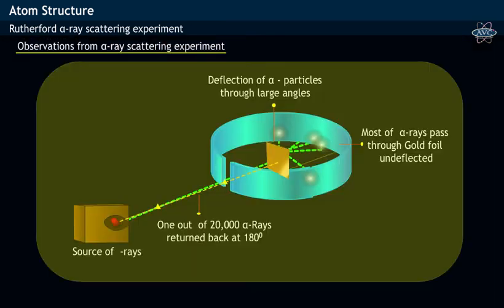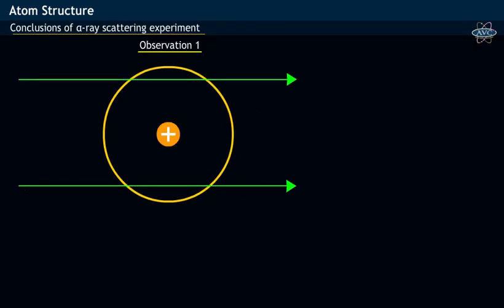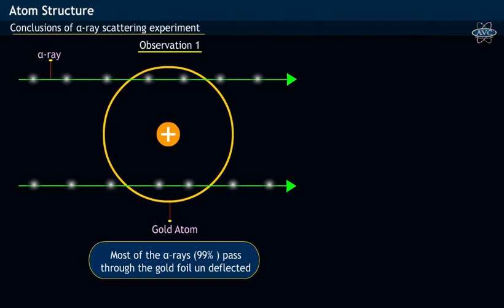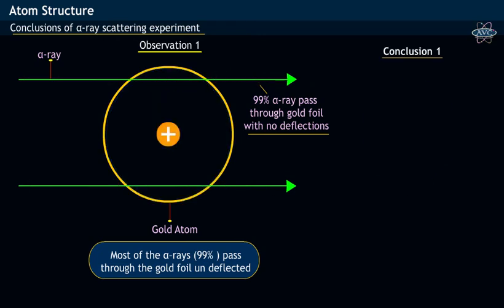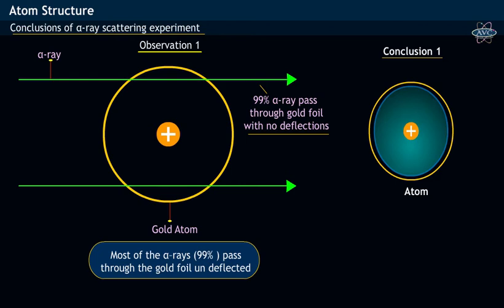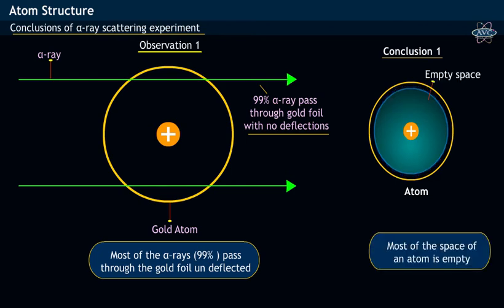From the observations noted from the alpha ray scattering experiment, Rutherford drew the following conclusions. From the first observation that 99% of alpha rays pass through the gold foil undeflected, Rutherford concluded that most of the space of an atom is empty.